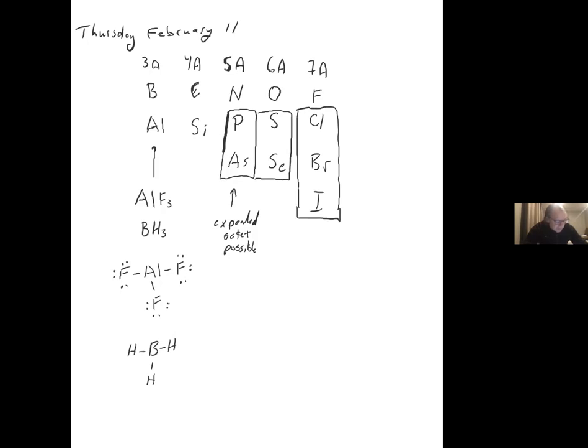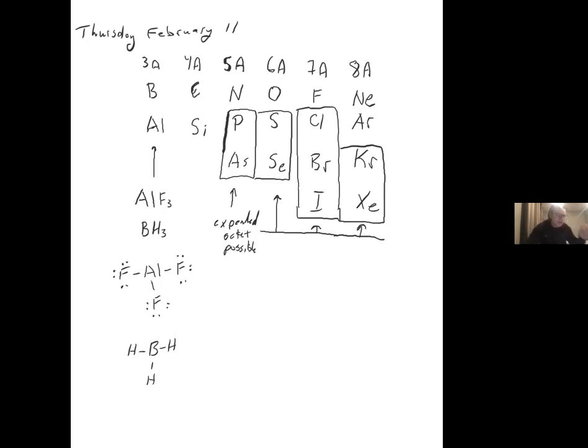So I'm going to draw arrows here because it's all of these columns. And then in group 8A, you can get expanded octet, but here it seems to begin with krypton. Krypton and xenon.